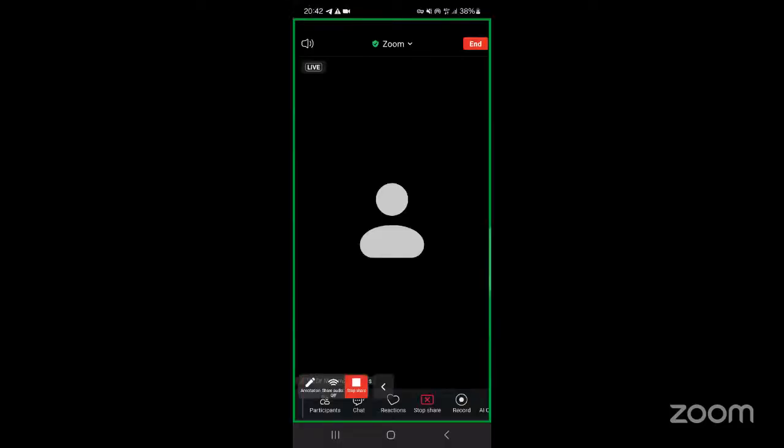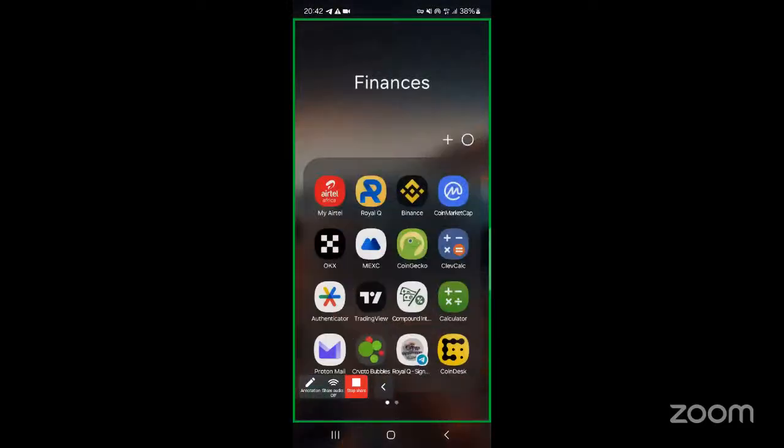Time for practical now. So I'm going to share my screen. All right. So first of all, you can see my apps here.